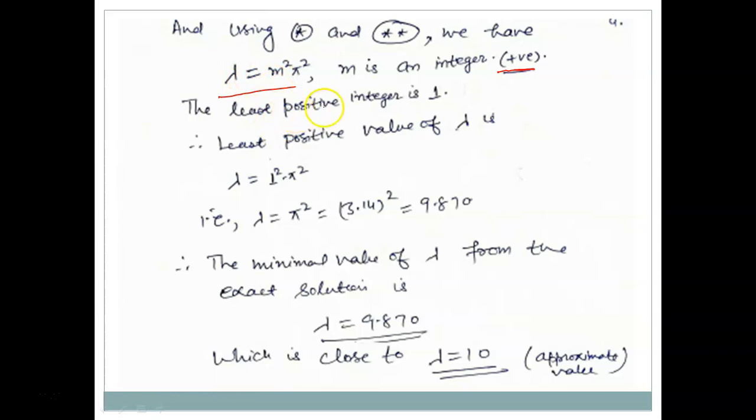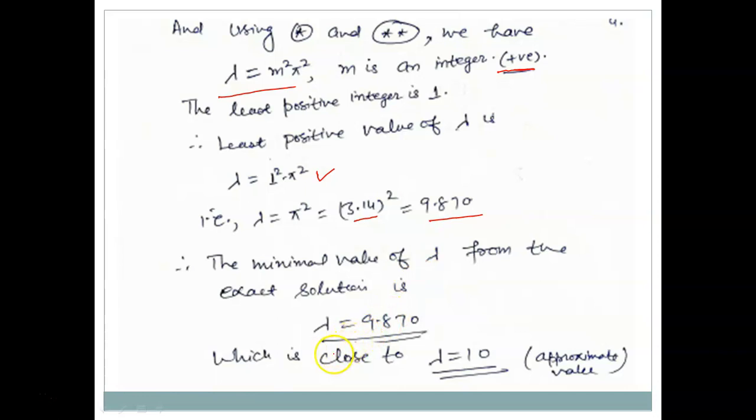And the least positive integer is 1, so when you put m equal to 1 here, lambda comes out to be pi square, and you know pi is 3.14. You substitute it here, so we get the value of lambda. So this is the minimum value of lambda, that is the eigenvalue.